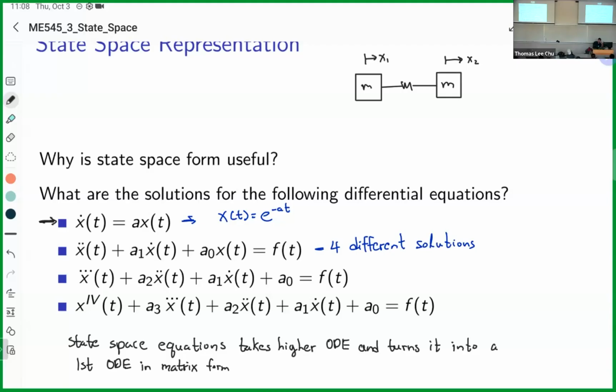So we now have a 4x4 A matrix because we have 2 state variables from each mass. So it's 2 state variables each, for a total of 4.